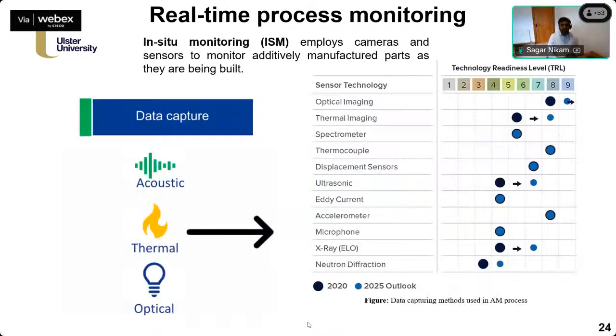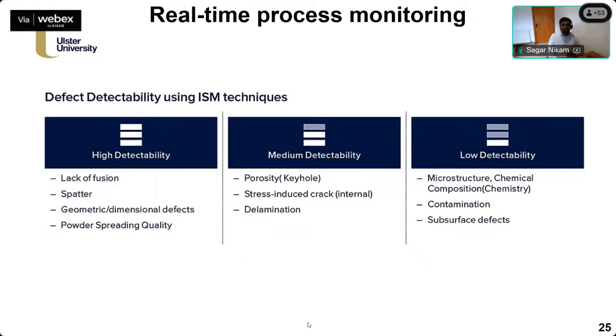So when it comes to in situ monitoring techniques, we can divide different aspects here. For example, as I said before, anything like lack of fusion, patterns, geometry defects, that is external defects, can be detected at a very high level, because we have a lot of sensors available for this purpose.